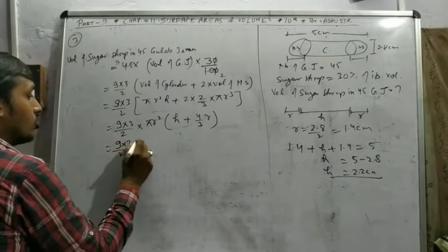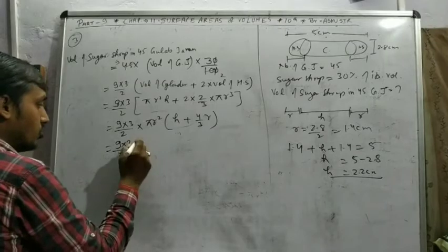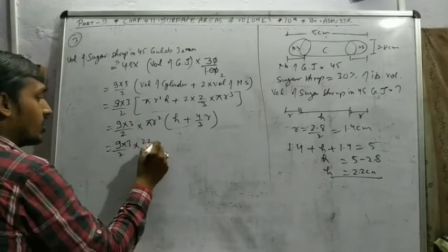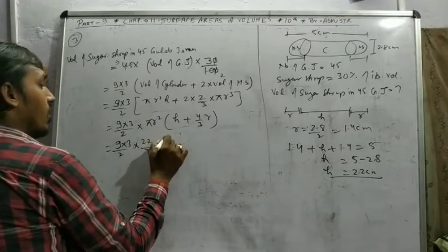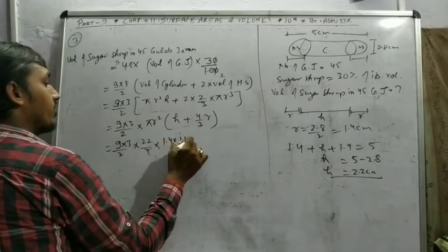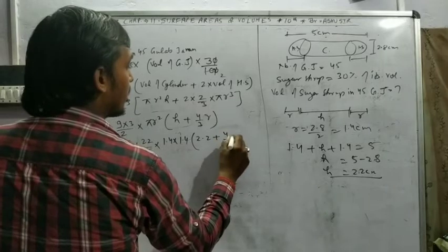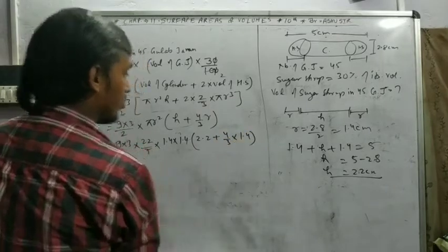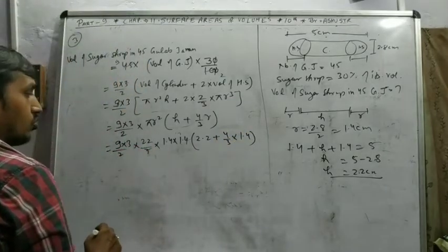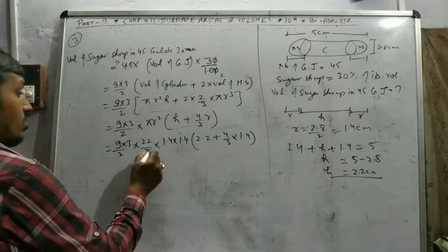9 into 3 by 2, 22 by 7 into radius squared, 1.4 into 1.4, times 2.2 plus 4 by 3 into 1.4. So solve it.